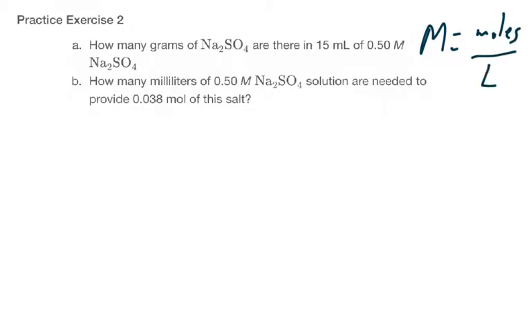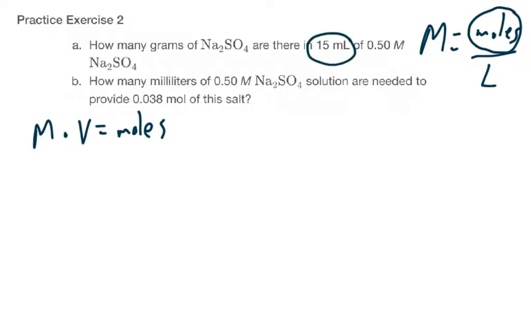This time, we are going to have to solve for this component here. You see, you are given the molarity and the volume. So molarity times the volume in liters is going to give you the moles. So we've got to remember to change this to liters.